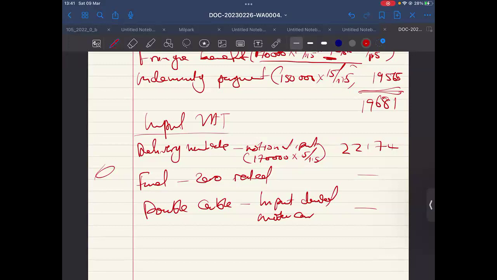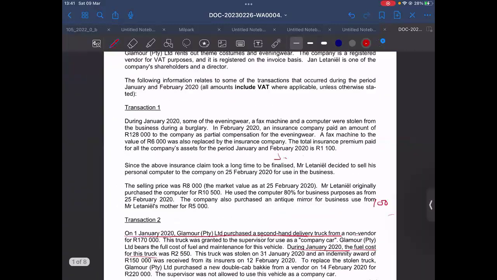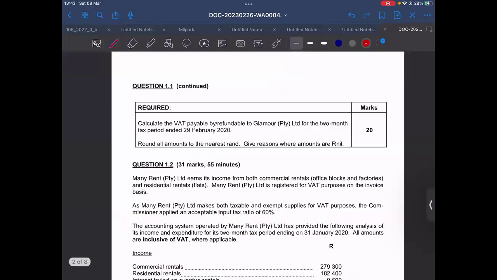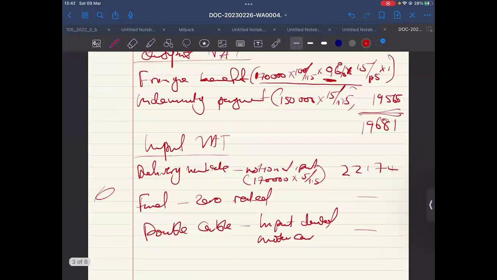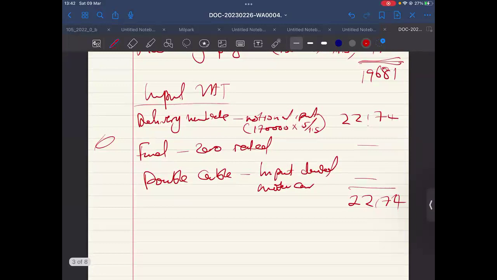Right. What else do we have? What else is given here? Let's see. To replace the stolen vehicle, the new part, right? That's all. So let's add to the input. So our input is going to be 22,174. Right. What are we having here? Output is less than input. Our liability is less than our asset.